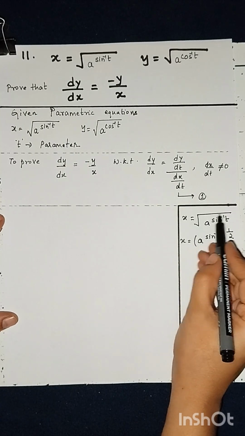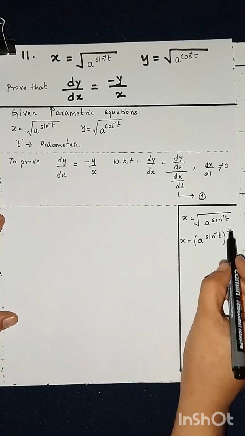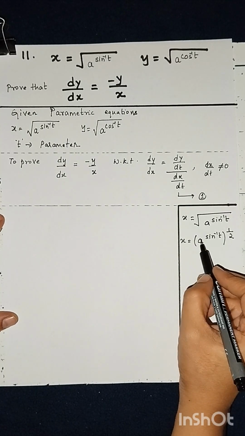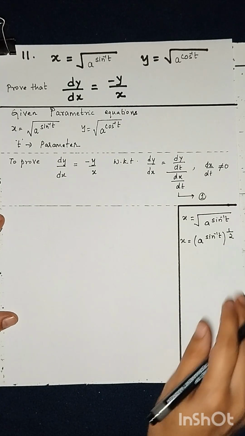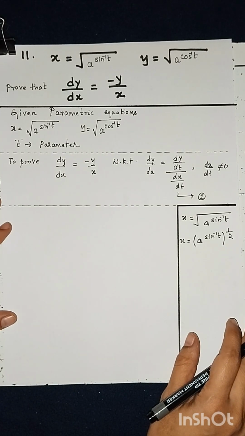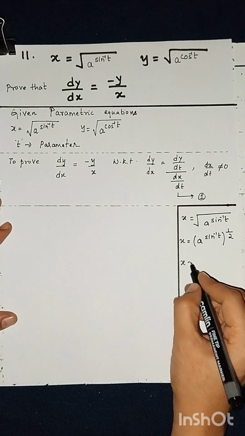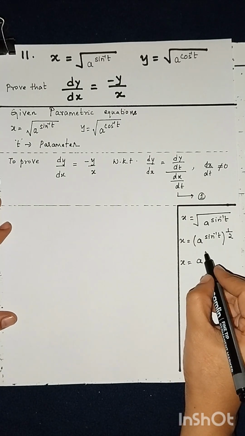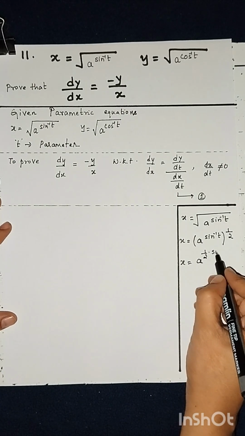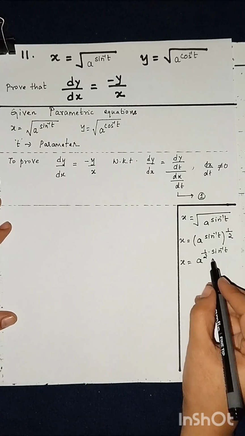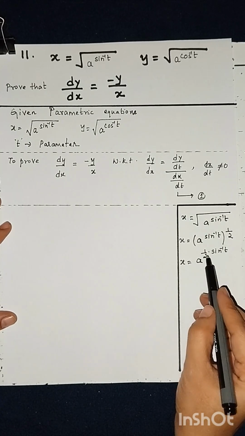So we can write square root in the rational exponent form. Now we can also multiply the exponents: x is equal to a to the power 1 by 2 into sine inverse t.